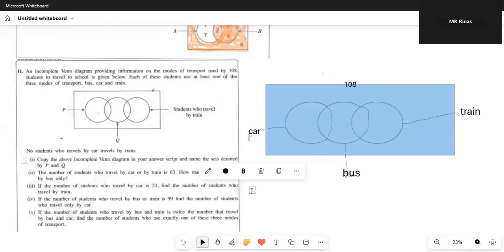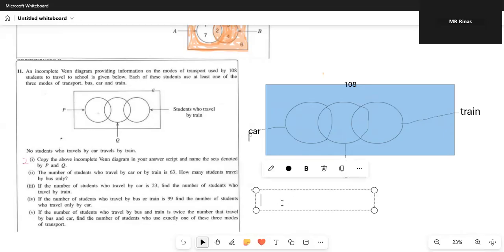Now the answer: we know that there are 108 students. From that, we have to subtract the students who travel by car and train. They have given it is 63. Then we will get the answer of 45.